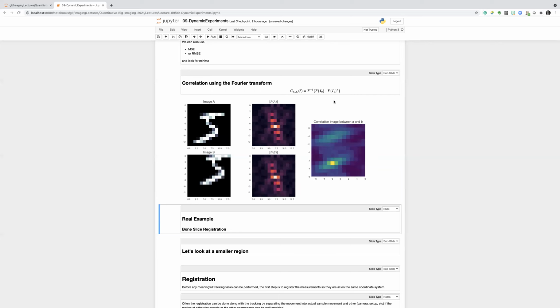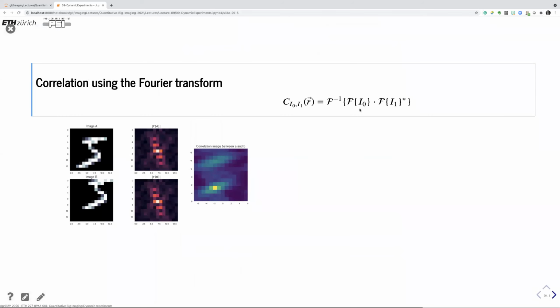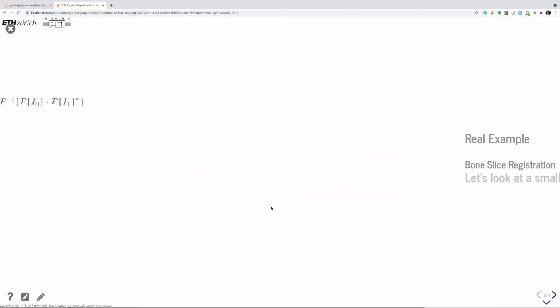And if we do the multiplication again, so if we multiply by the complex conjugate and do the inverse Fourier transform, we can see that we got a spot here, which is -3 and +3 and -2, which is actually the displacement between the two images. So this works pretty fine for small regions. And when you do the tracking, or also if you want to do registration, this could be a way to do the fitting between the two images.